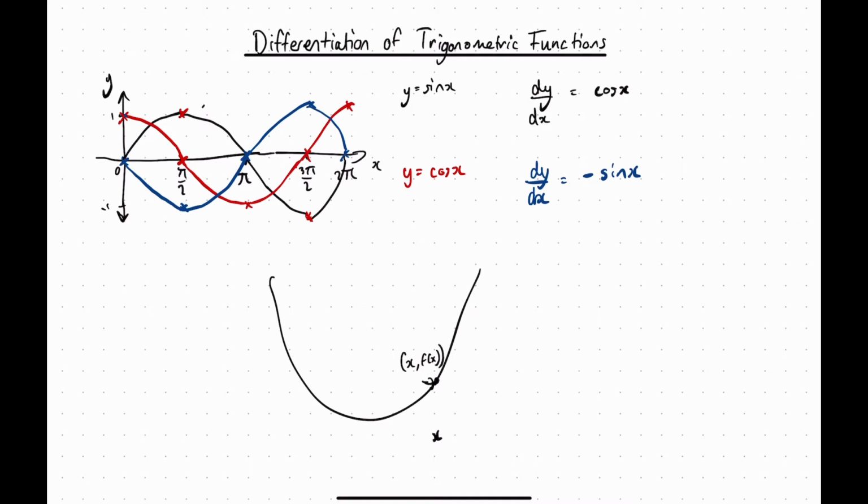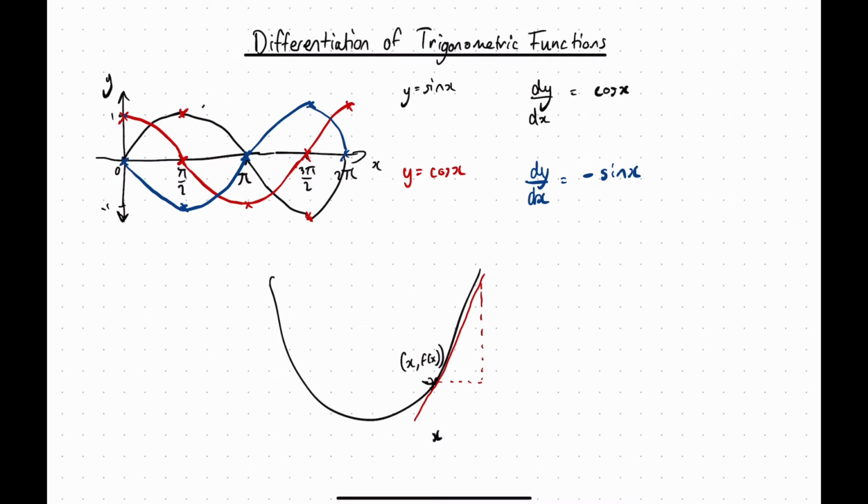To find the gradient, you're going to do rise over run. So you take a run of a certain value and a rise of a certain value, which won't be to this line, it will be the tangent at that point to that curve.